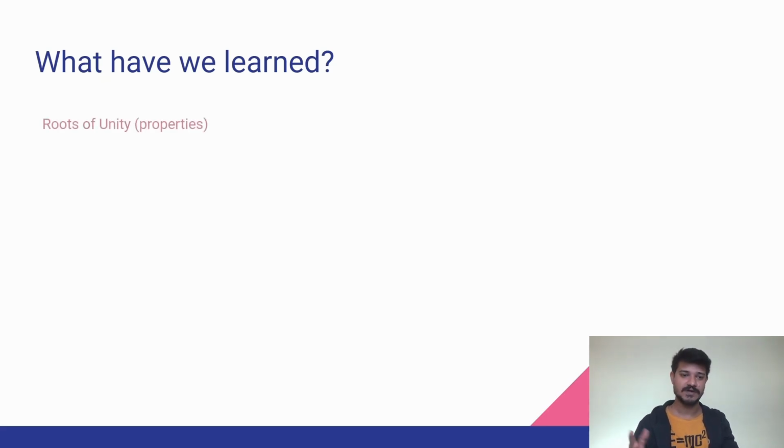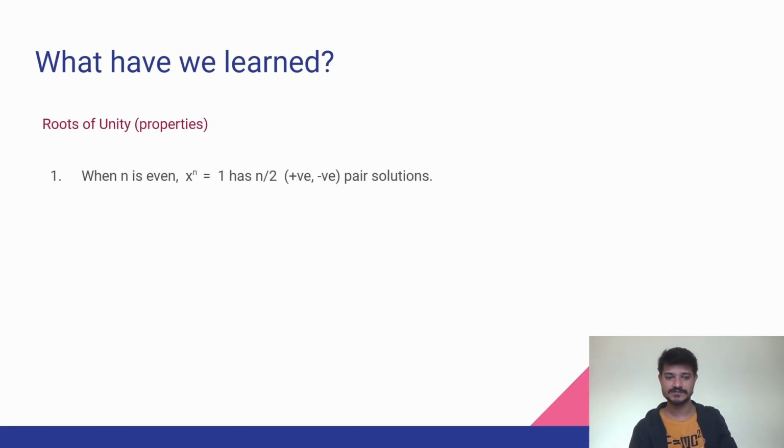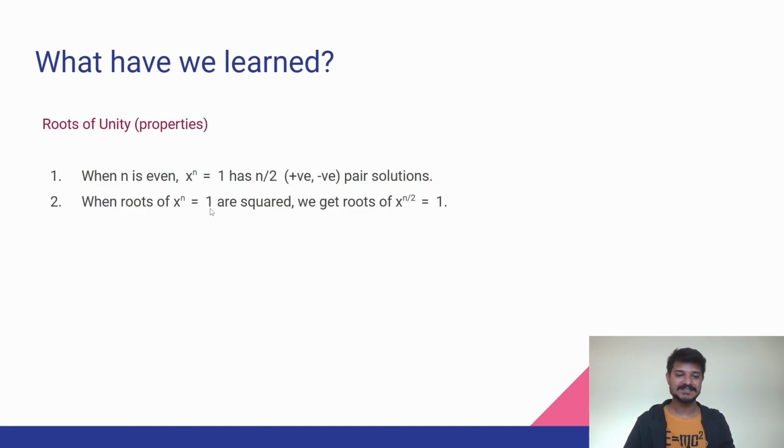Okay, so what have we learned about the properties of roots of unity? That when n is even, x raised to the power n equals 1 has exactly n by 2 positive negative pairs. That's one thing. Second, when we square the roots of x raised to the power n, we get the roots of x raised to the power n by 2, which we have seen, right?